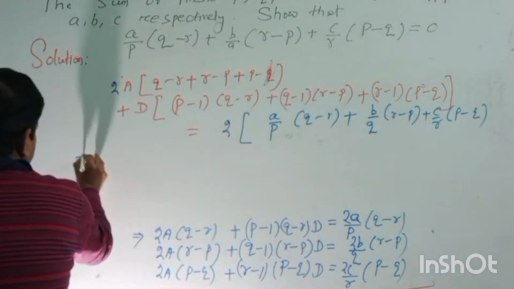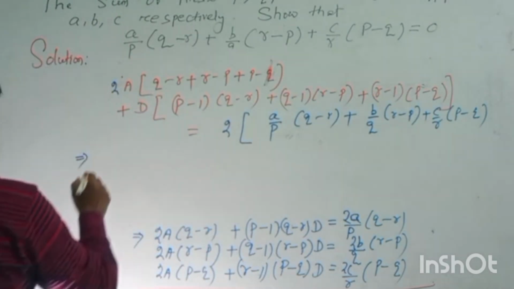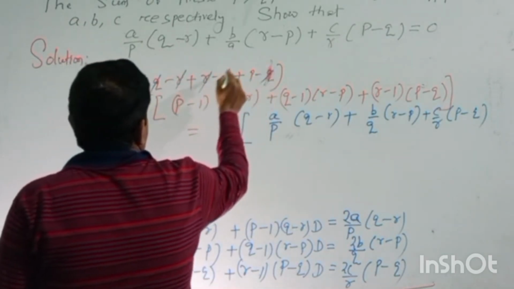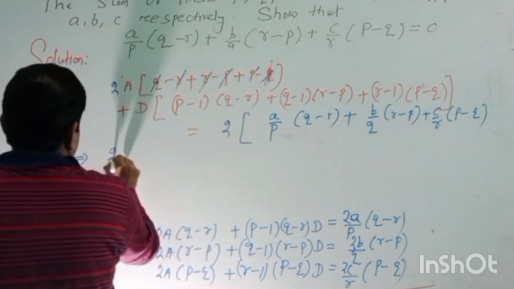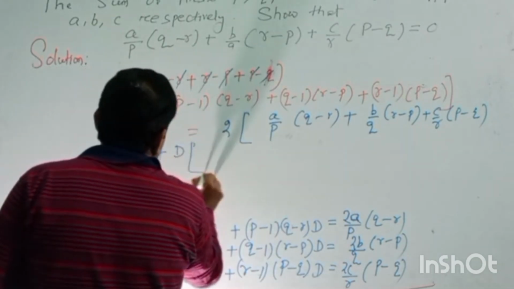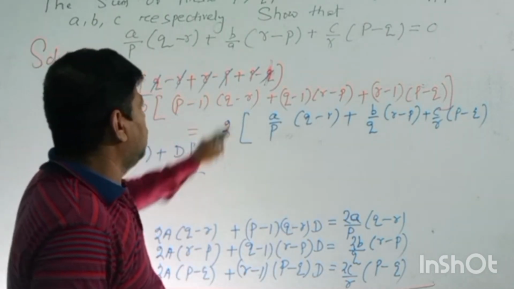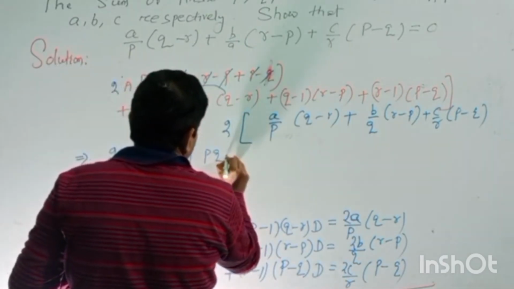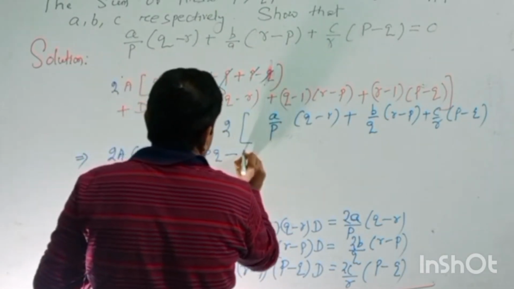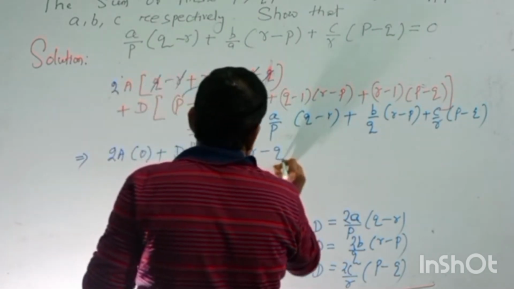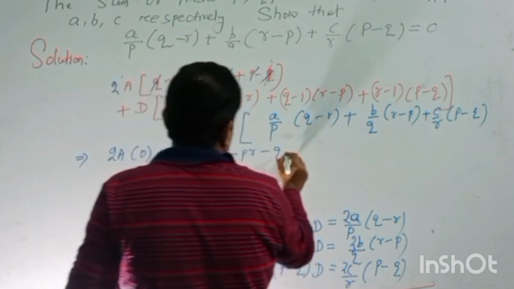Now let's simplify here. Look at here, plus q minus q we can cancel, minus r plus r, minus p plus p we will cancel. It will be 2a times 0. Similarly, d times, we multiply this one, (p − 1)(q − r). You multiply p into q, pq, p into minus r, minus pr, minus 1 into q, minus q, minus 1 into minus r, plus r.